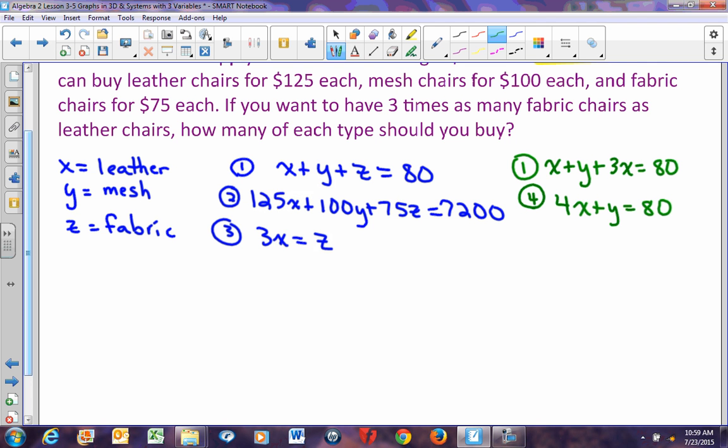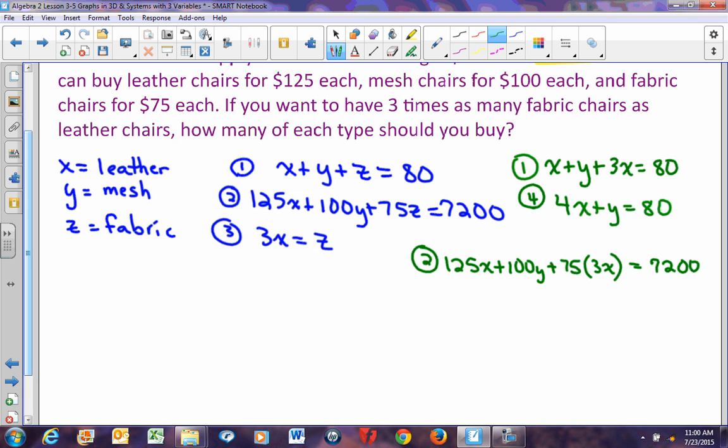And I can do the same thing with equation number 2. I'm going to plug in equation number 3 into equation number 2. I'm going to have 125x plus 100y plus 75z, but z is 3x, equals 7,200.